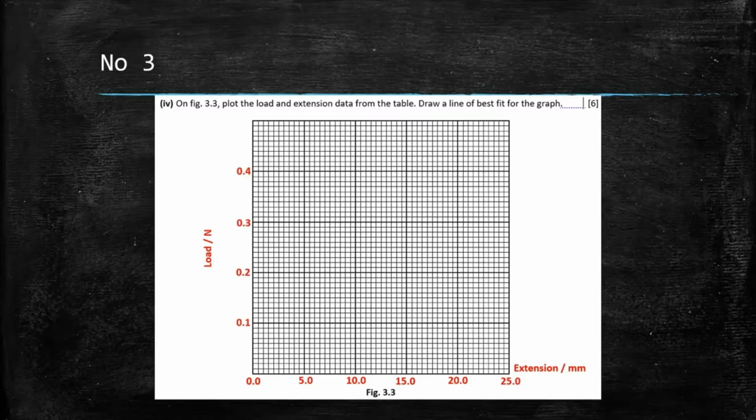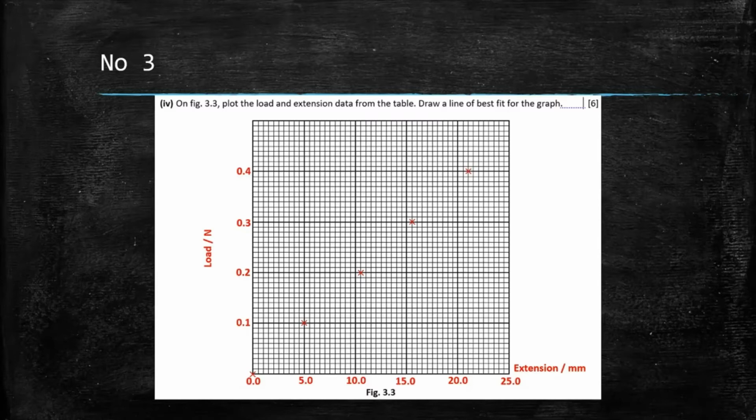After the values are filled in, plot the data on the graph paper. 0 with 0, 5.0 with 0.1, 10.5 with 0.2, 15.5 with 0.3, 21 with 0.4.